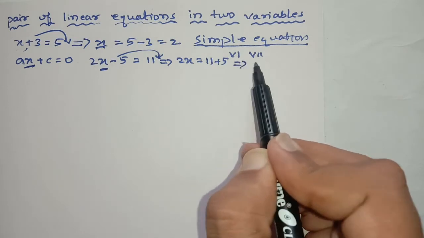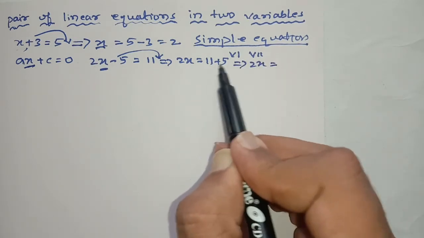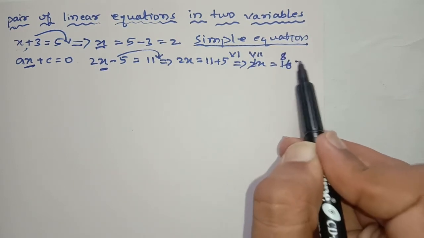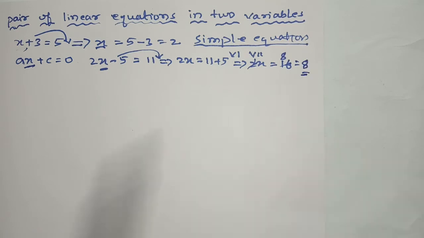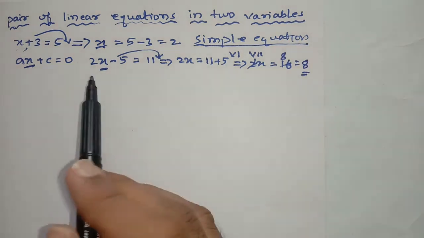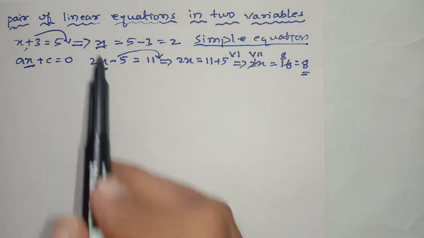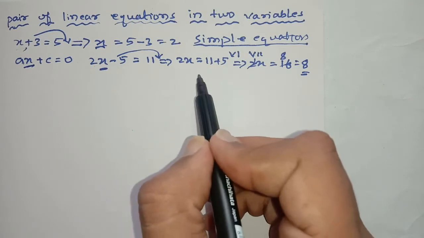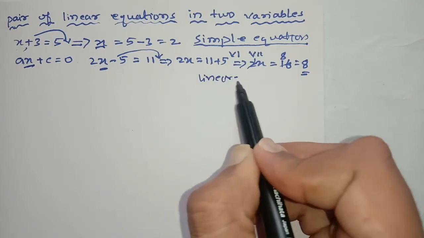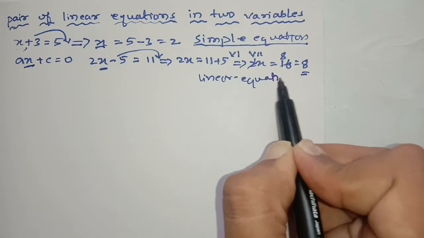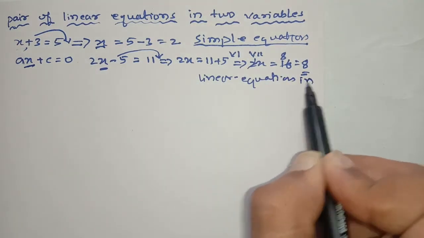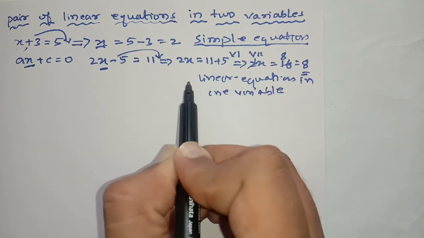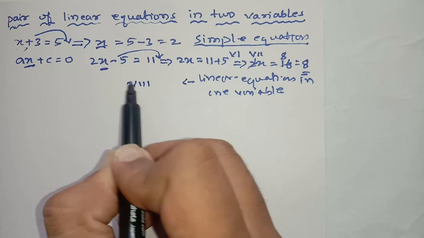Then 2x is equal to 11 plus 5, which is 16. 2 ones are 2, 2 eights are 16. x is equal to 8. This is how you find the value of x, and you learn this in linear equation in one variable, in 8th standard.